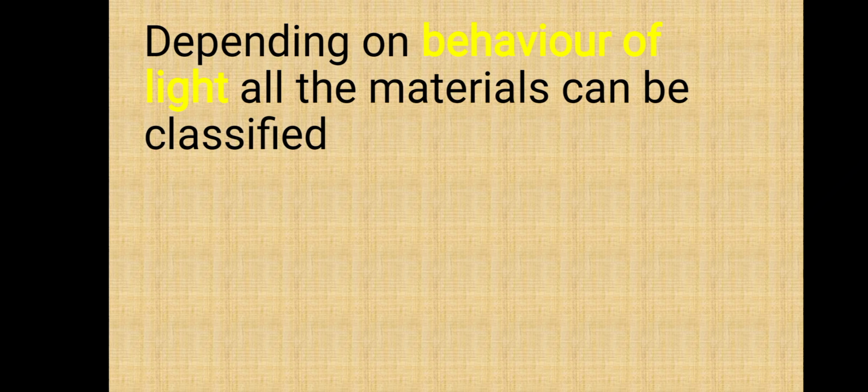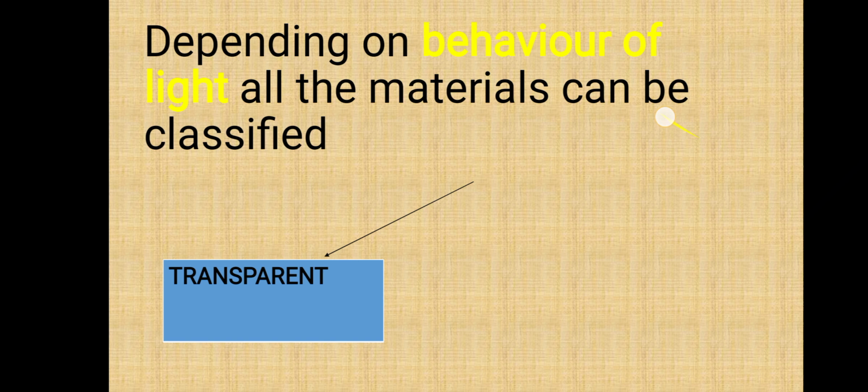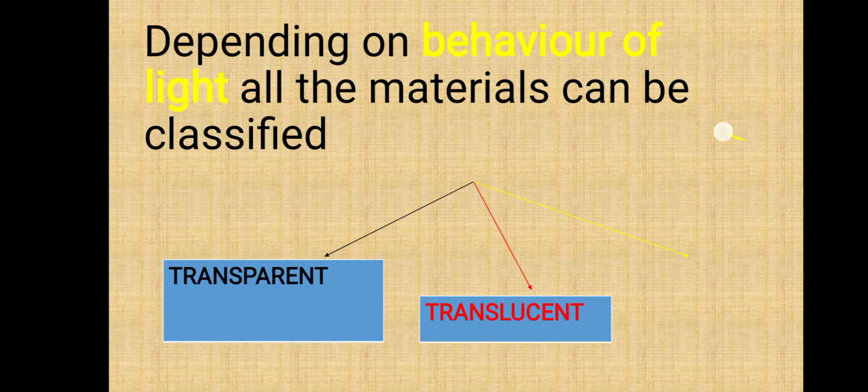Depending on the behavior of light, all the materials can be classified into transparent, translucent, and opaque materials. So, we'll be learning about them. So, let us understand what transparent materials are.